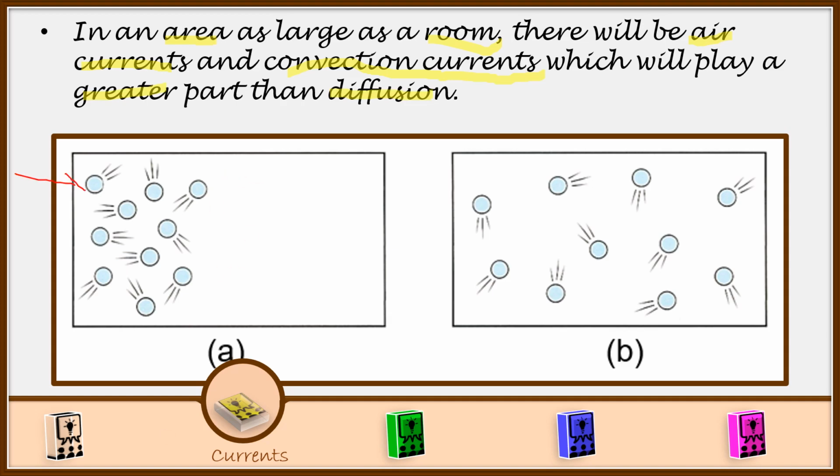Air is moving in the room, and when air is moving in the room, this air is going to move these molecules faster than diffusion would have done. So there we shall know that it is the air current or convection current that is playing a bigger role compared to diffusion.